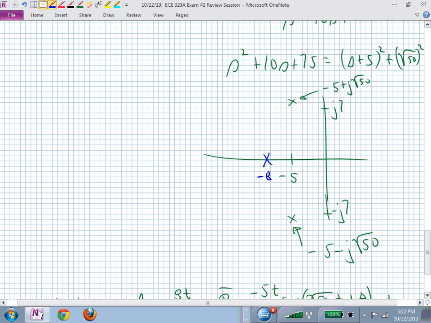And I wouldn't ask you necessarily to draw the zeros because I didn't want you to locate anything in the numerator. That would be more algebra, and you don't need to do that for the structure. Questions on that? Yes.